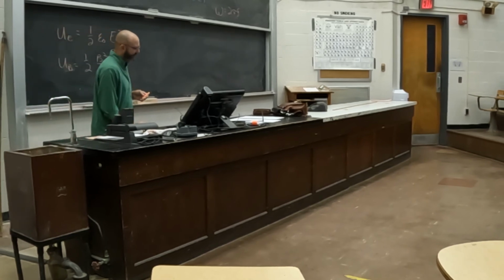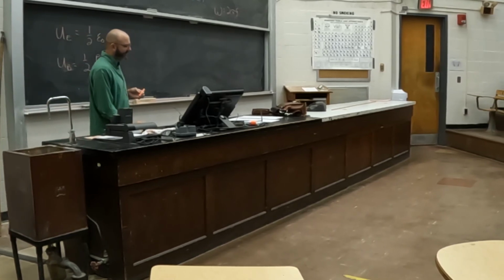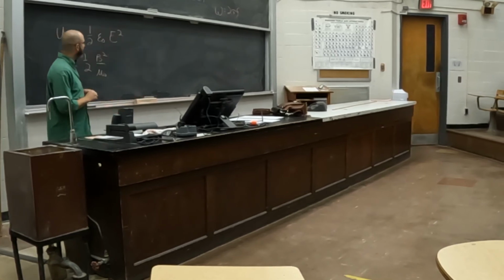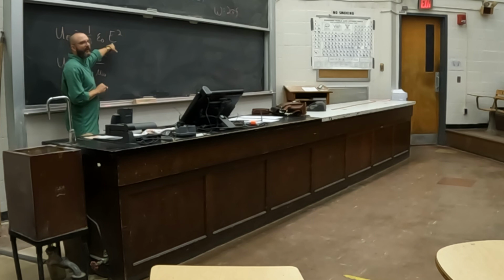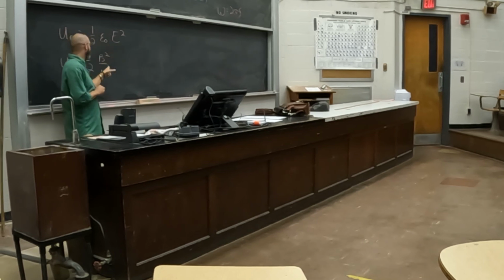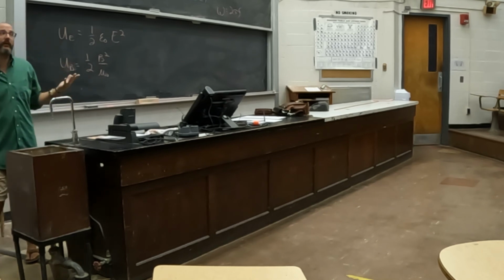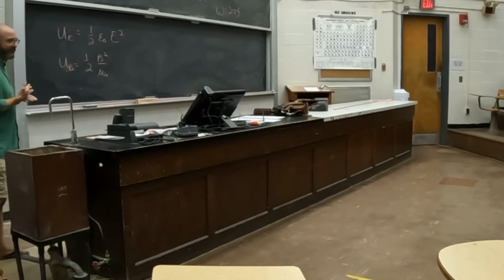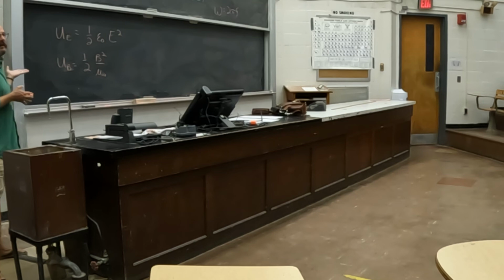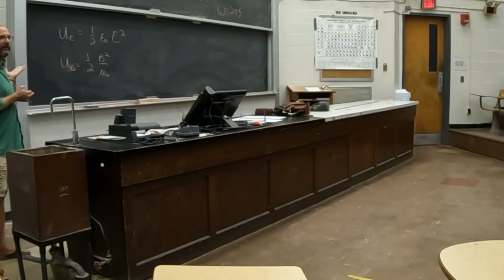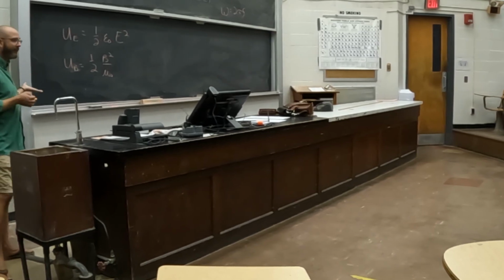Now, to turn this into something that we can use for electromagnetic waves, we've got to recognize that this is going to be a maximum E field for us, a maximum B field. When we looked at these, we looked at them in the context of steady fields, but that's not the case for an electromagnetic wave. These are oscillating fields. So we're going to pick off the maximum values, E naught and B naught.